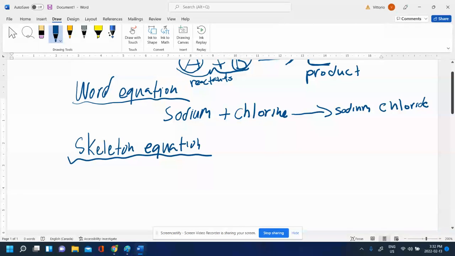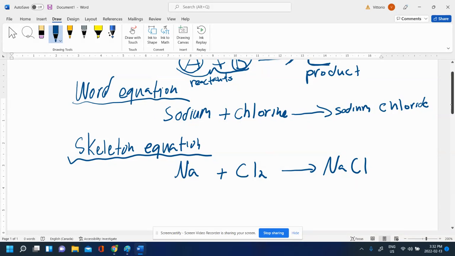If you have a formula or the symbols, everyone understands what you're trying to say. So I'm going to write the same thing as above, but translate it into a skeleton equation using symbols and formulas. Sodium is Na. Chlorine, one of your Hofbrinkel elements, is Cl2. Put an arrow, then sodium chloride, which is just the formula NaCl.